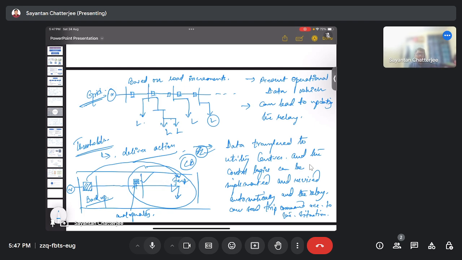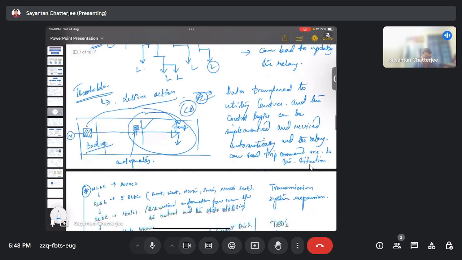With renewable integrations in place, the relay coordination program and all these things are becoming much more complex and much tougher to design, because due to the bidirectional power flow, the condition monitoring of these equipments and the load assessment need to be done properly, and if everything is working fine, then only can this entire operation act smoothly.